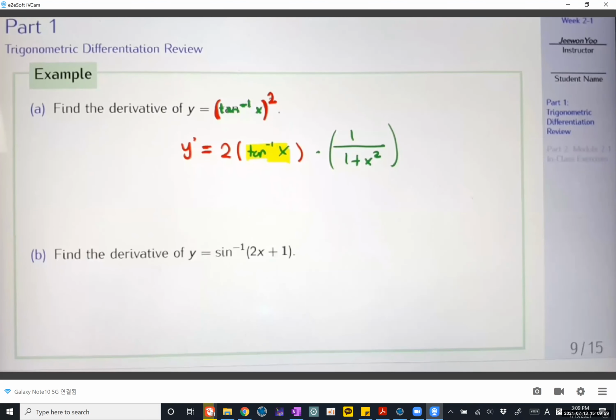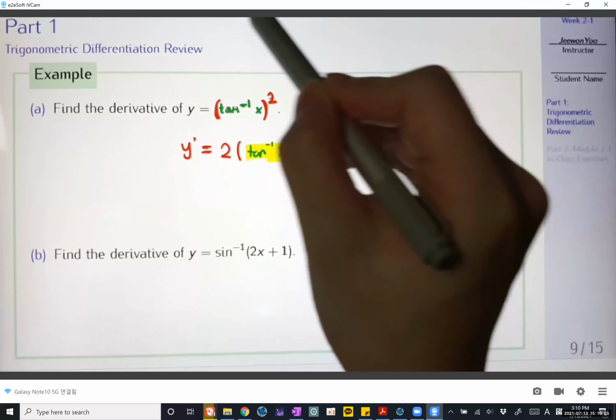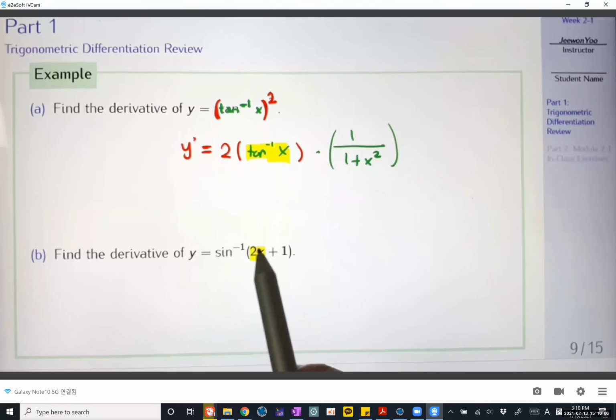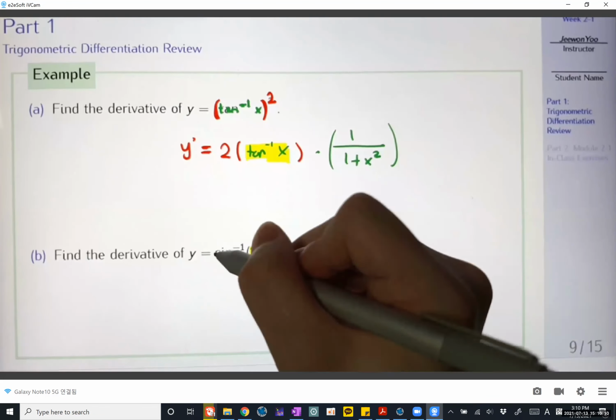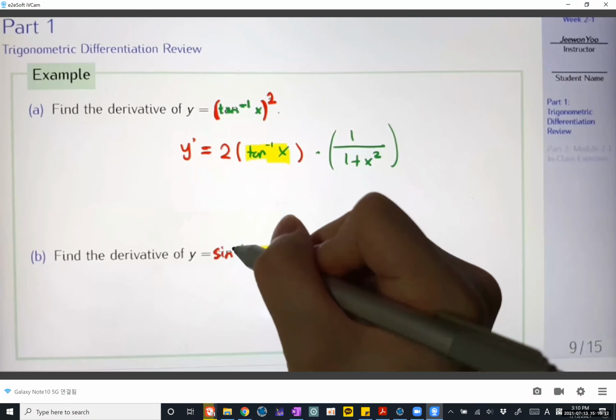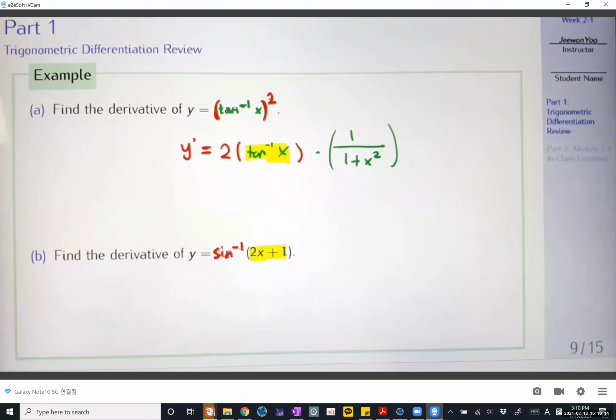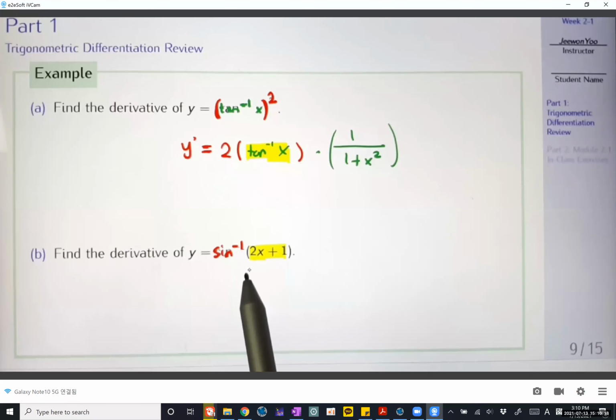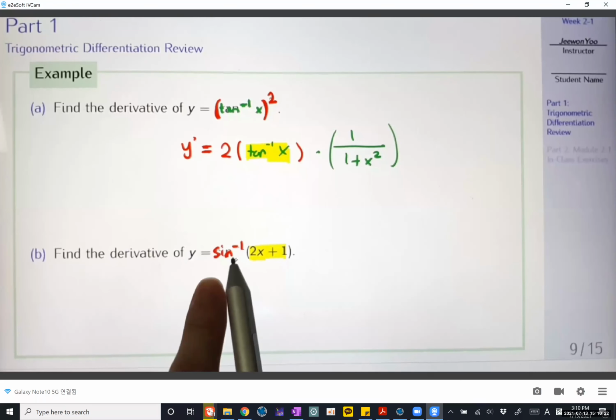Once again, we have to use the chain rule, everyone. The chain, because our inside is 2x plus 1, that's our inside. And our outside is sine inverse. This is our outside function.